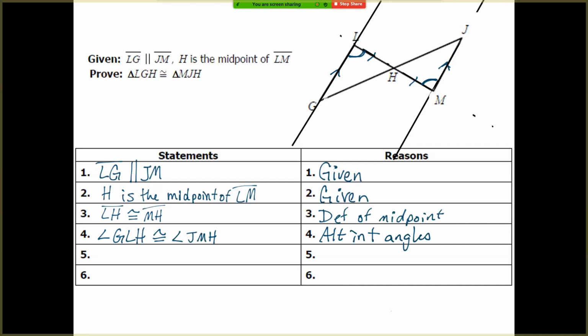So angle G and angle J are congruent by alternate interior angles.